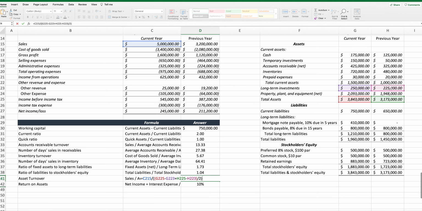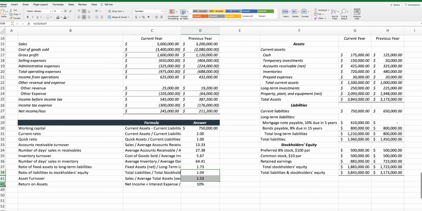But then I need to take the average of these two, so I've taken the average by dividing it by 2. And here you can see I have an asset turnover ratio of 1.5. Again, it's the same thing as the ratio of liabilities to stockholders' equity. Whether it's good or bad really does depend on a lot: where they're at in industry, how old they are, what the economy looks like.